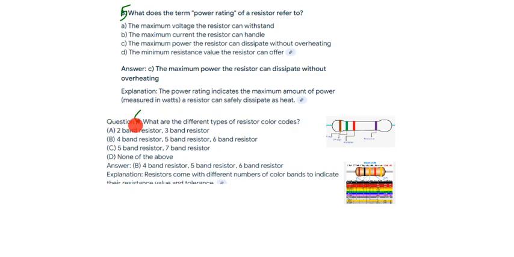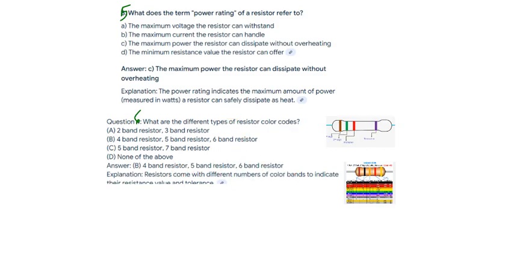Question number 6. What are the different types of resistor? Color codes. 2-band resistor, 3-band resistor. Answer is B: 4-band resistor, 5-band resistor and 6-band resistor.